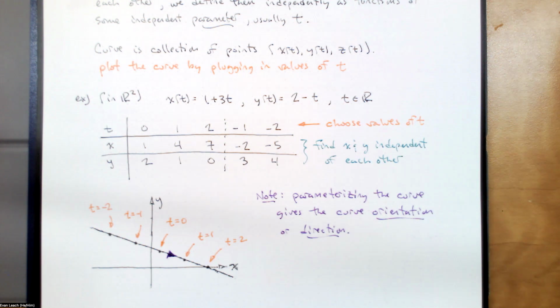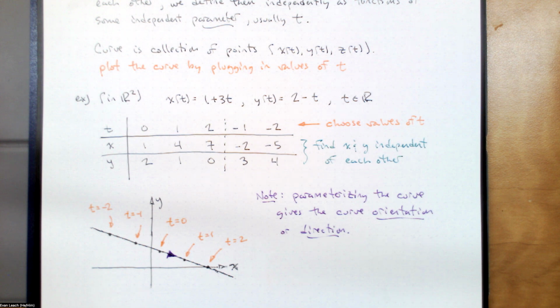So it's not just a line anymore, it's been parameterized, so it has direction. The line can be described with a vector. The line itself is not a vector, but it can be described with a vector, which is a great question.